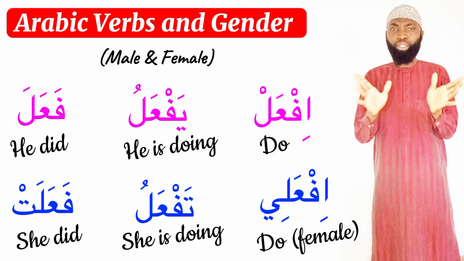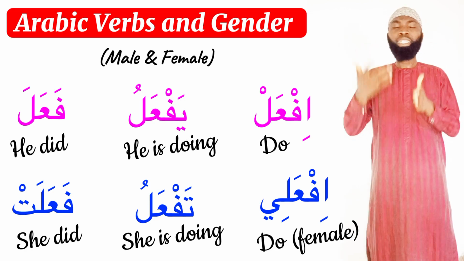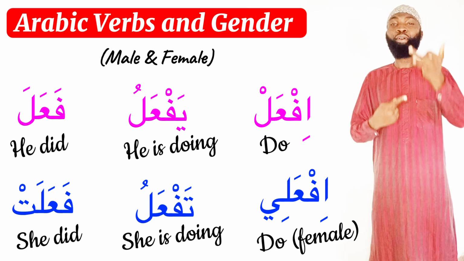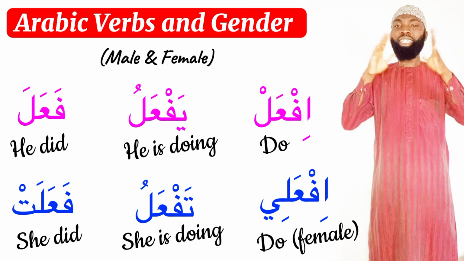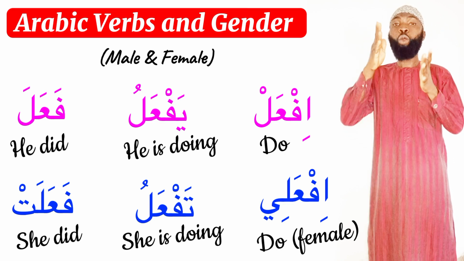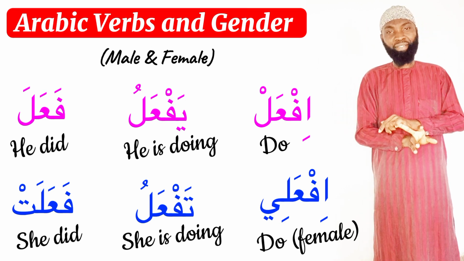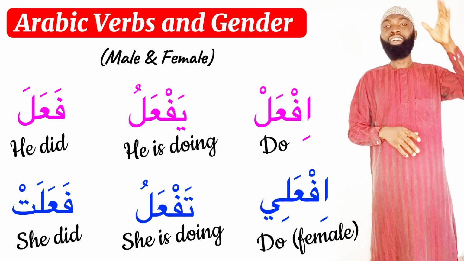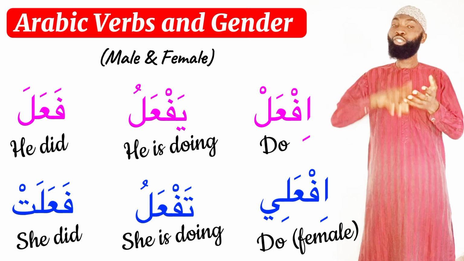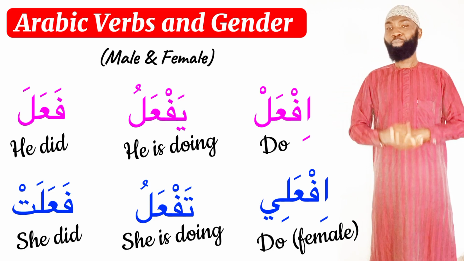From these two examples alone, you already understood that the Arabic verbs will change based on the gender, male or female. Now there are other examples we are going to bring in the coming lessons, where we will form tables that will show you how to form these present tense verbs based on these three aspects that we have mentioned, based on gender, based on number, and based on the grammatical persons.